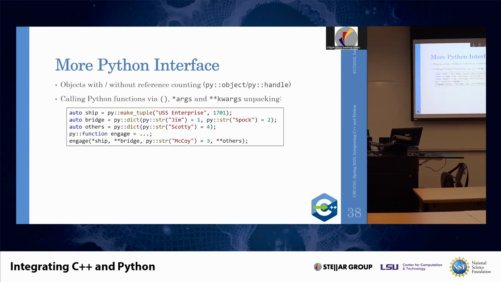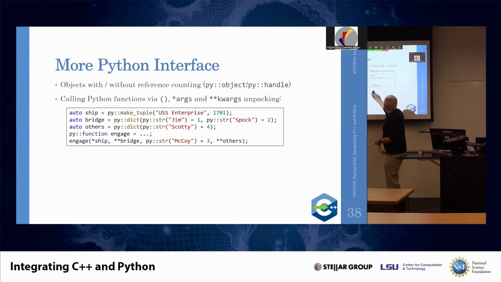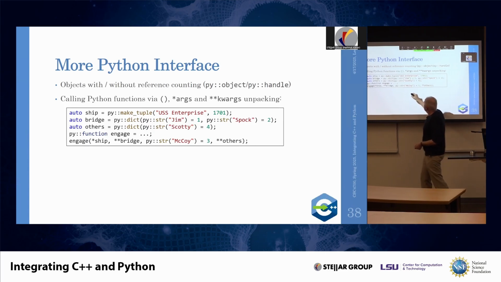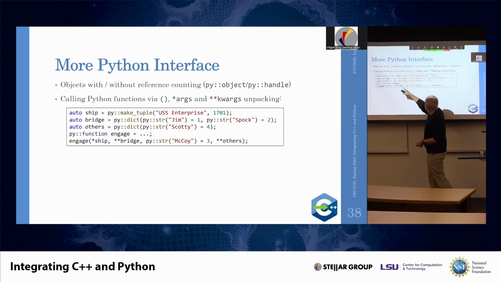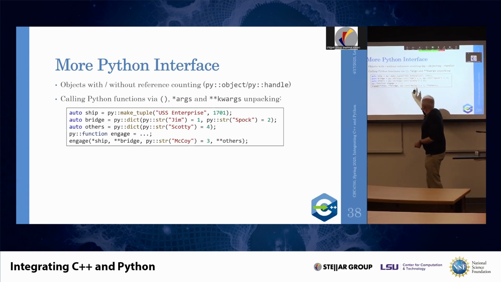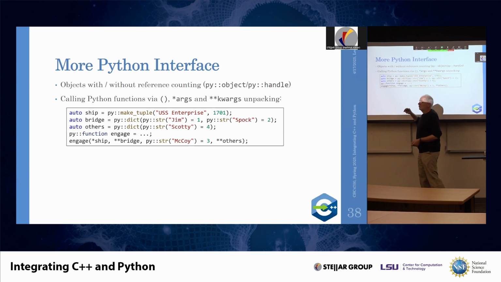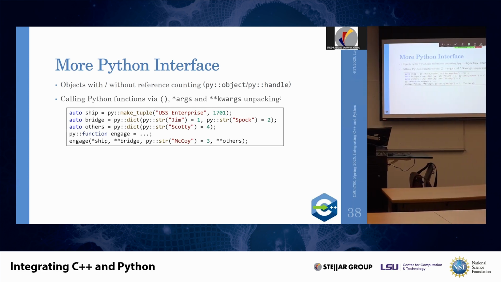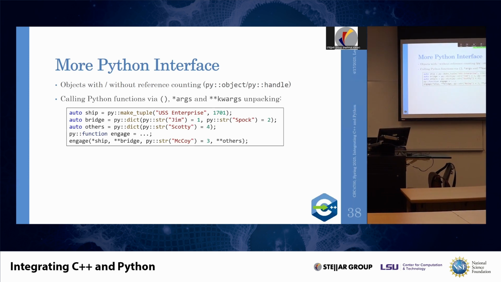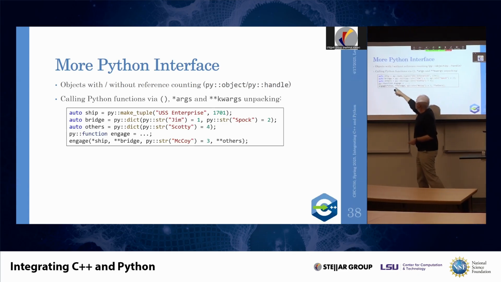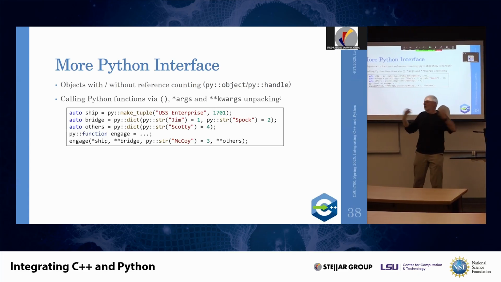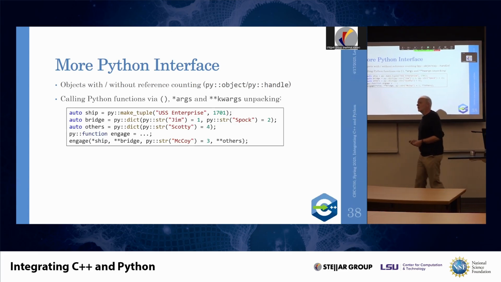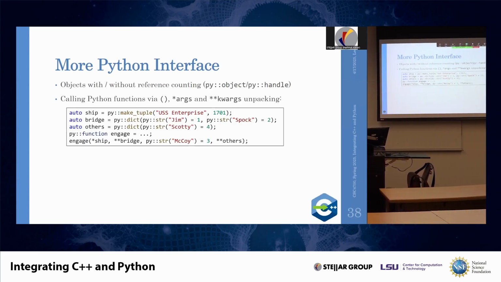Just an example. I mean, engage with the USS Enterprise. Okay, so I have a tuple, which is a ship. I have two arguments, the bridge and the others. Jim and Spock and Scotty, and then I say engage. Bam. I can call that function right away. And as you see, I can use the star syntax to explode tuples in the same way as I would explode them when I'm calling a Python function with a tuple and I want to separate the arguments while calling the function.